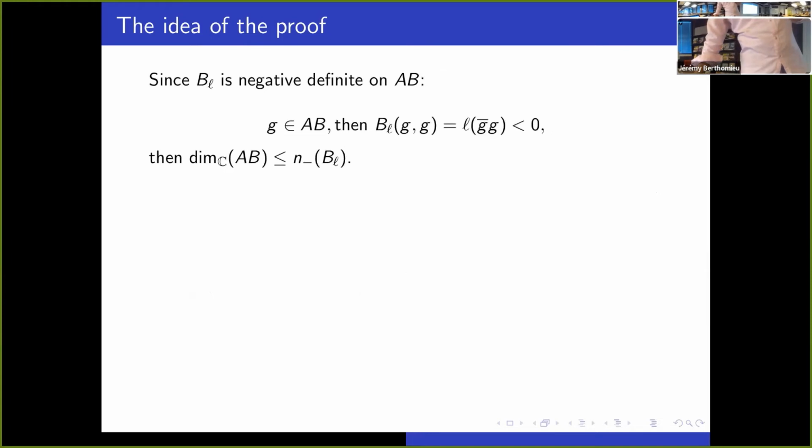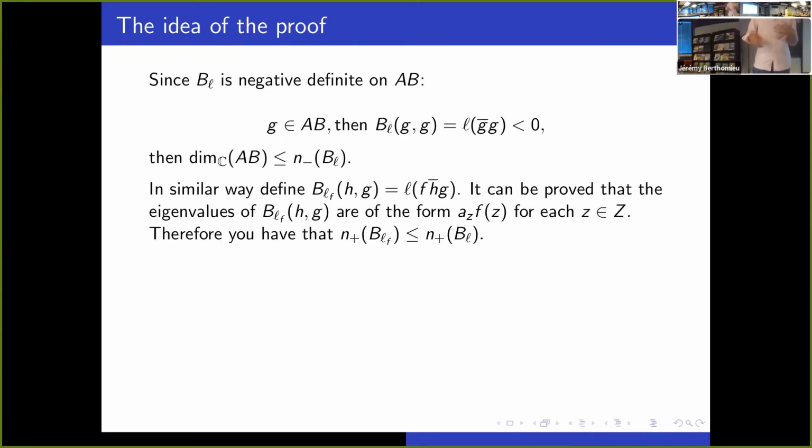So since BL is negative definite on AB, that means that for G in AB, BL of G is equal to L of conjugate of G times G, which is less than 0. Then the dimension of A times B must be less than or equal to the negative signature of BL.